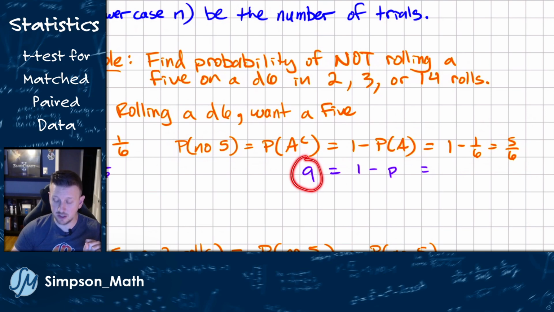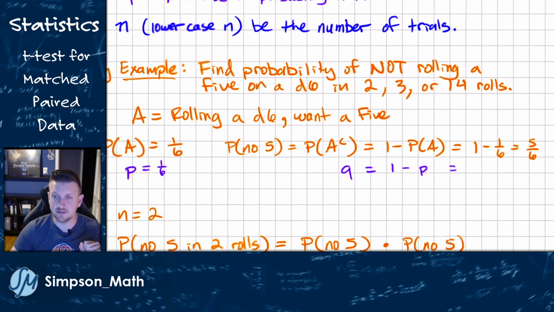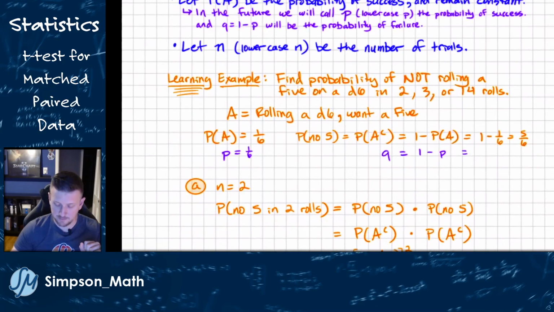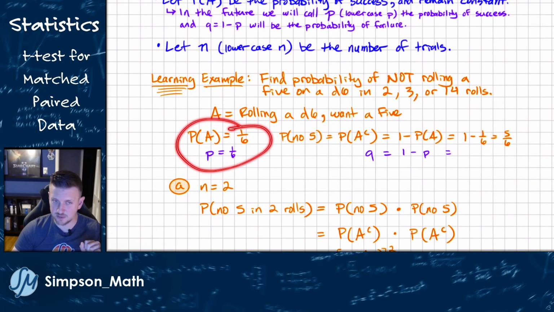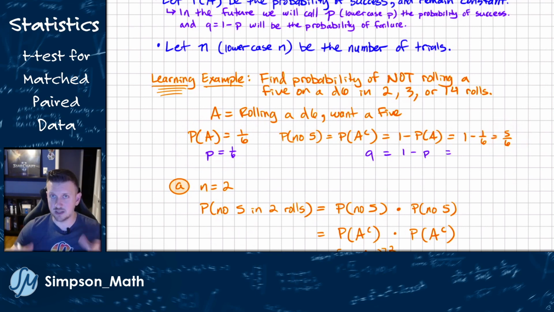Or in terms of p's and q's, it's 1 minus p, which is again 5/6. So just to be clear, my probability of success is 1/6. Probability of failure is 5/6. Notice if I add them, I get 1. Those are all my options. I either get my success or I don't. There's no other option.